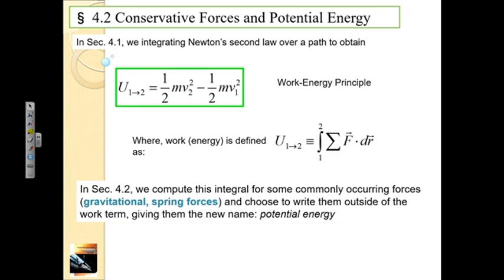We'll have a very quick and easy way to solve for the potential energy from springs and gravity. Now, we can't totally get rid of our work term because some forces we're going to call conservative versus non-conservative.